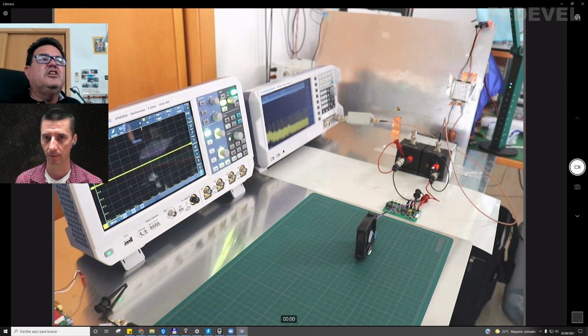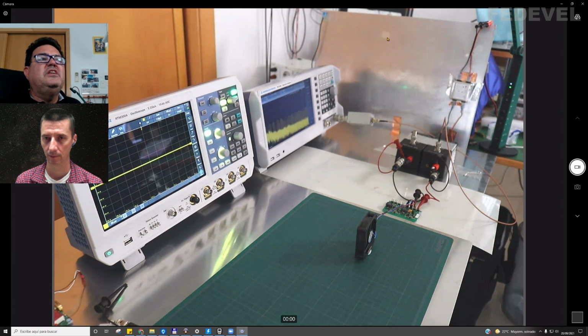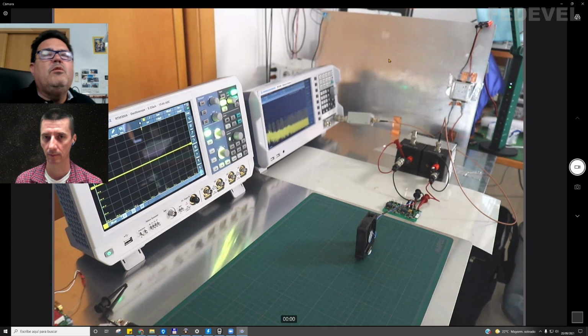In the regulation documents, you have the explanation of how this setup must be done. Usually regulation documents must be paid, so it's a document that you need to buy.